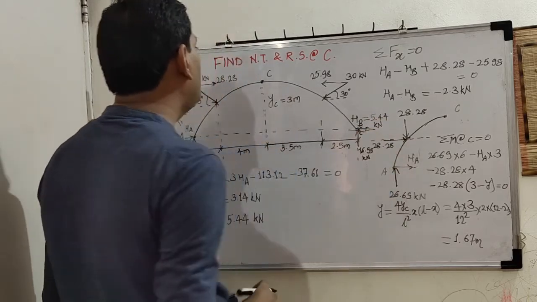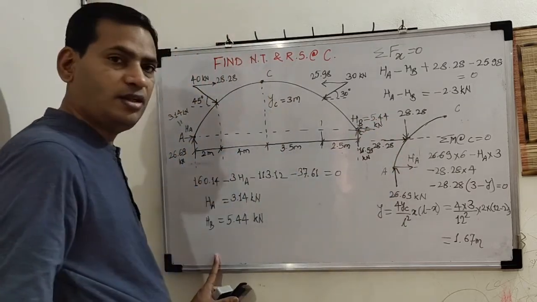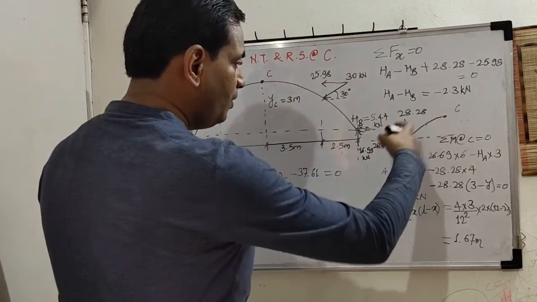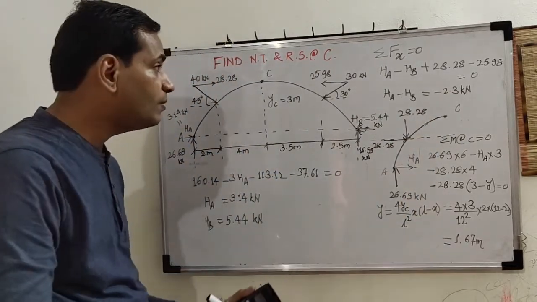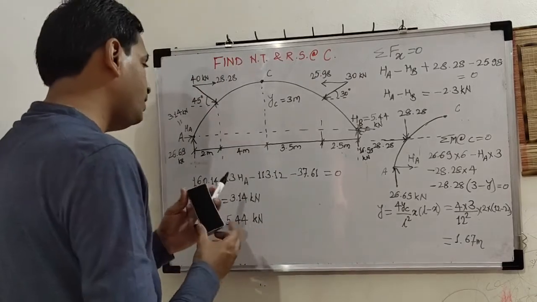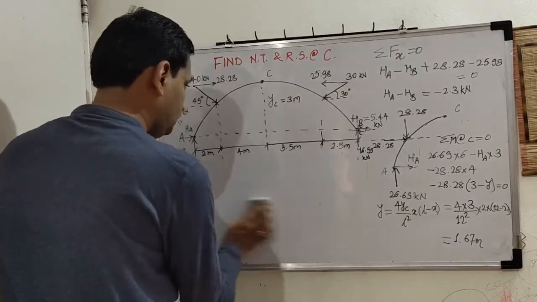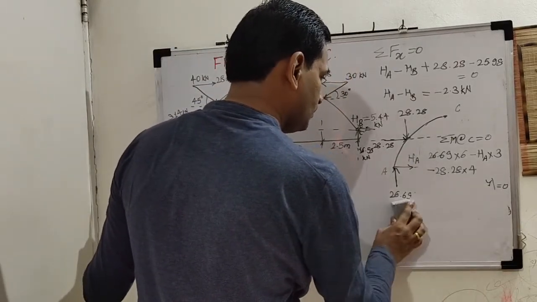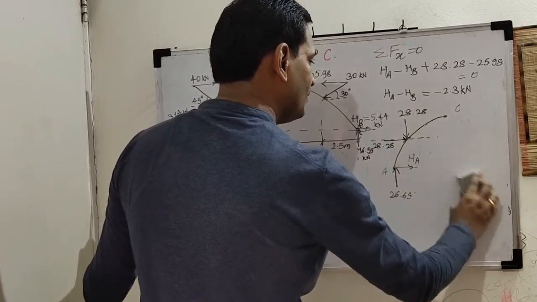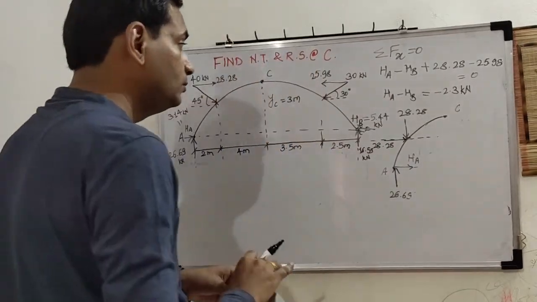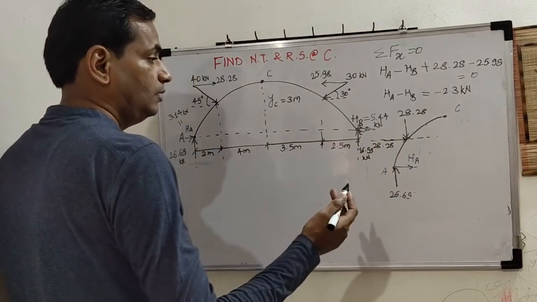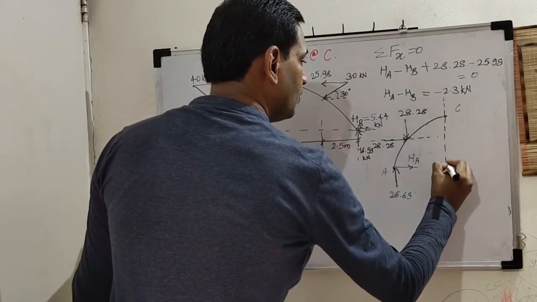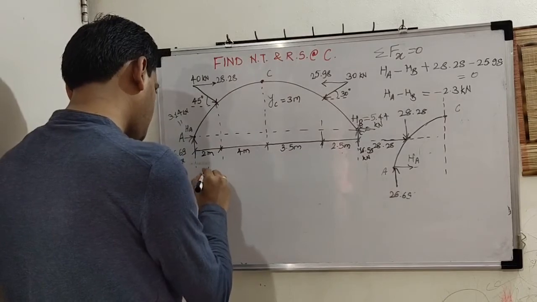Now we will be able to find out normal thrust and radial shear. So we will find out what is the net shear force from this free body diagram itself. Now I will rub some unwanted matter so that we will be clear. All values are with us here. Net shear force on C vertically, so we will say VC.